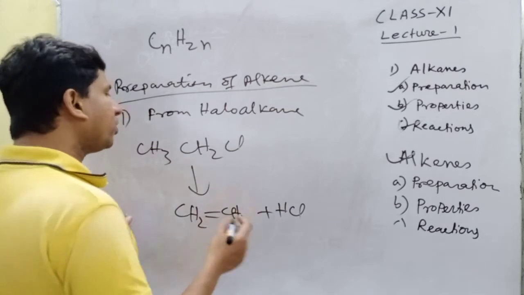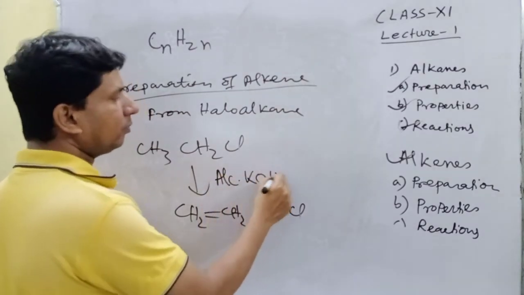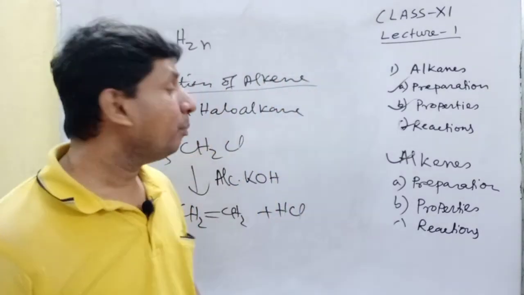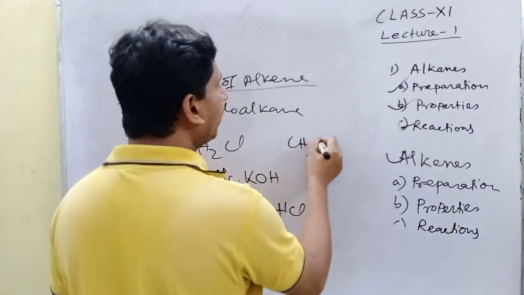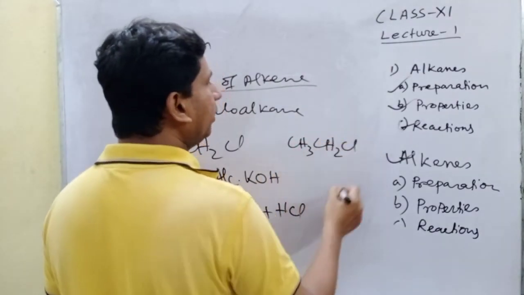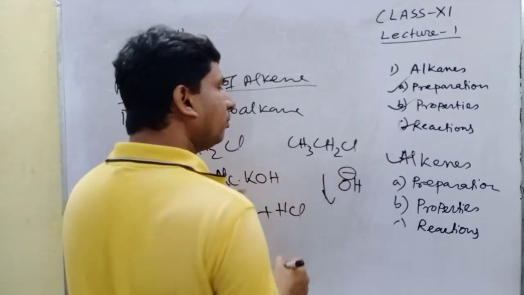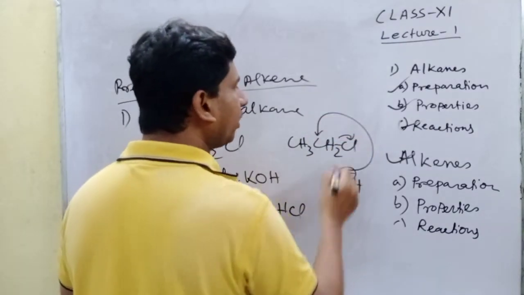We use an alcoholic base, that is alcoholic KOH, not aqueous KOH. Because with CH3 CH2 Cl, if we use aqueous KOH, the OH minus will attack here and Cl will be removed.